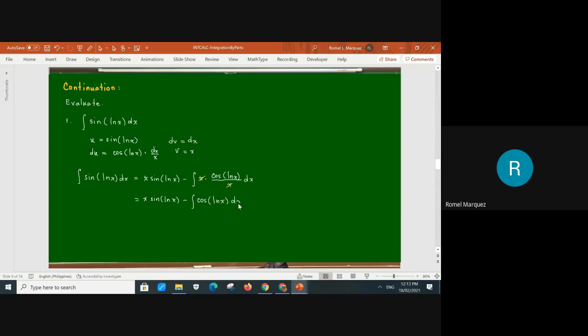But you notice that what we had here in this line, actually, there is no progress because what we obtained is an integral that is similar to what? To the problem that we had.